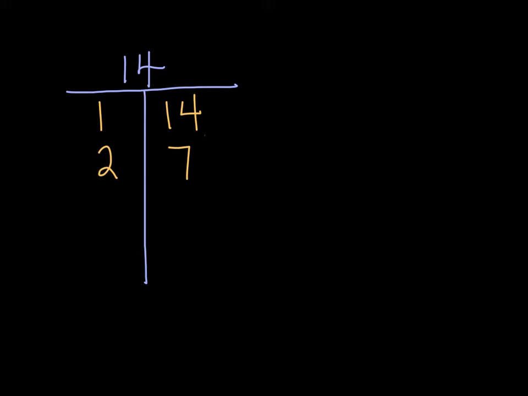Is there a 3's fact? No. Is there a 4's fact? No. Is there a 5? No. 6? No. And 7 we've already got right here. So the only factor pairs for 14 would be 1, 2, 7, and 14.